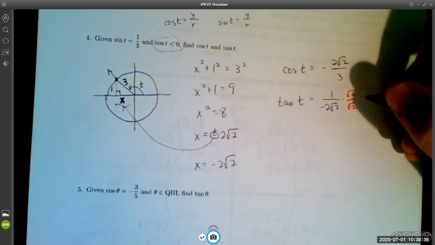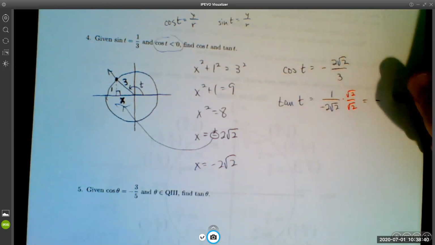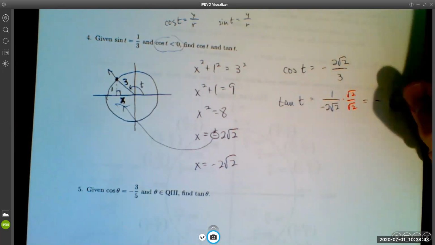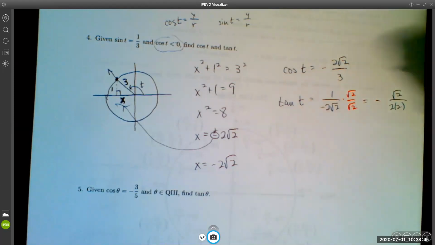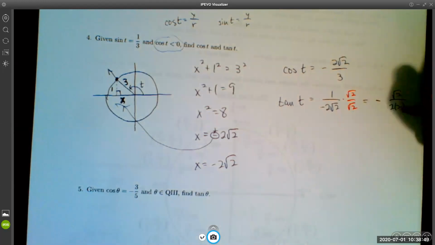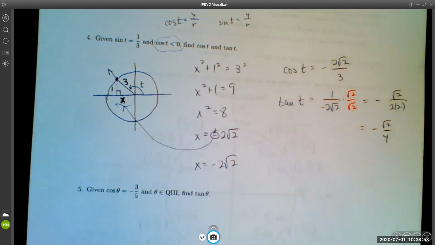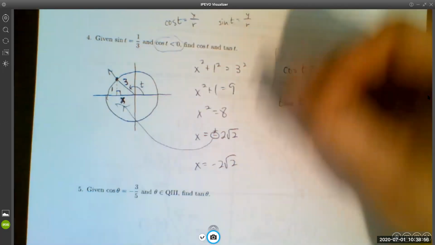If you do that, first of all, pull the negative sign out in front, we get root 2 over 2 times 2, right? Because root 2 times root 2 is 2, and then you have this other 2 that comes along, so it's 2 times 2. That's going to be negative root 2 over 4. So there you go, cosine t and tangent t.